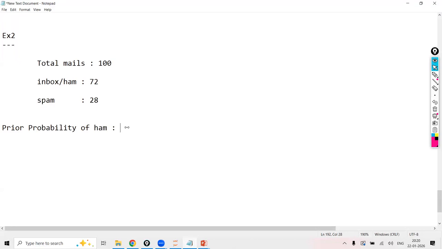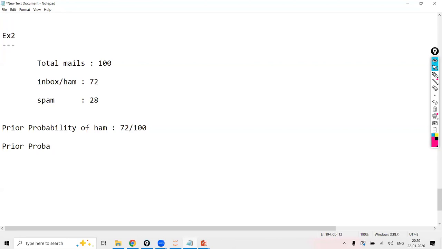In that, 72 of them are inbox or ham and 28 of them are spam. Now tell me what is the prior probability of ham? Right? 72 out of 100. Now prior probability of spam.